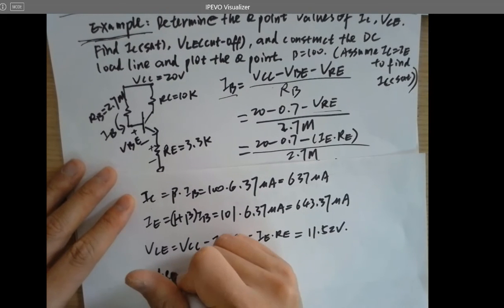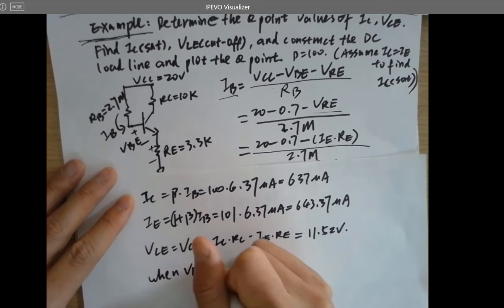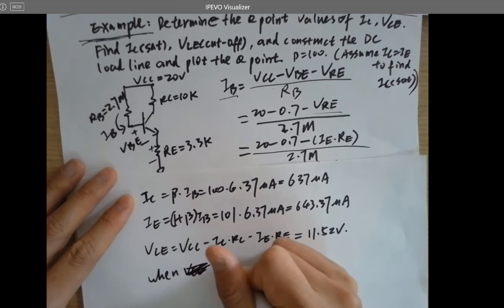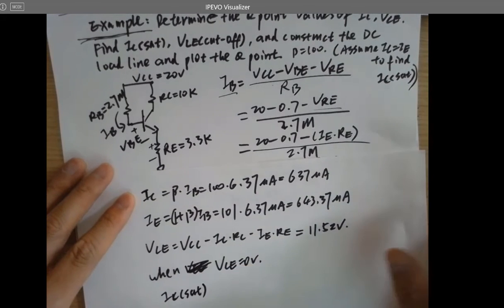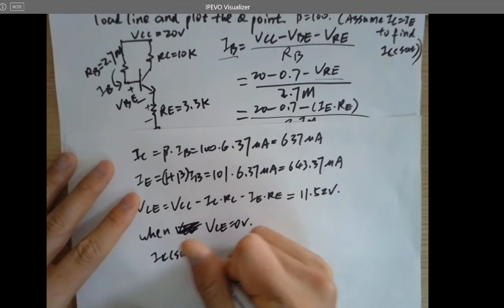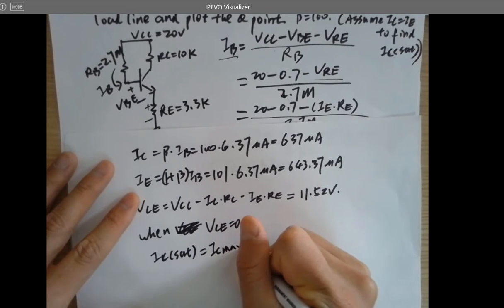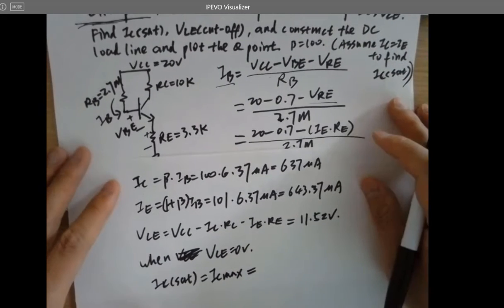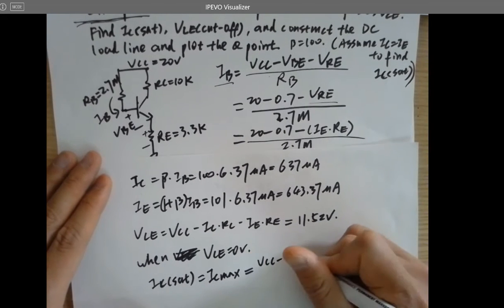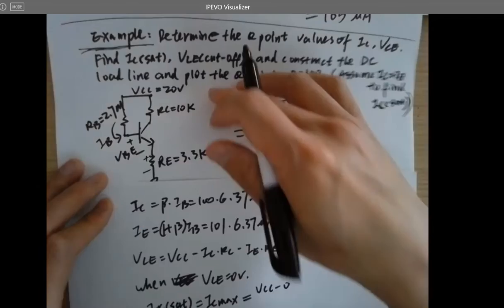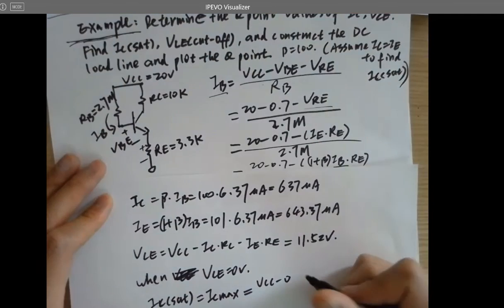When VCE is 0 volts, IC set or IC max, you probably will see IC max in your homework assignment, equals VCC minus 0, that's VCE is 0 volts.